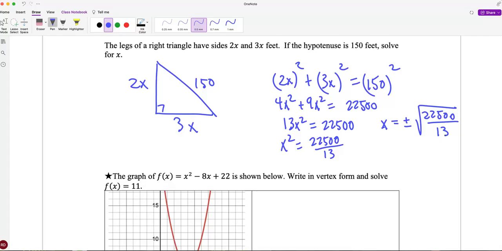If I look at this, the x value can only be positive, even though algebraically I get two answers. So the only answer I'm going to get is the square root of 22,500 over 13 feet. That's my exact answer. You could approximate it with your calculator.